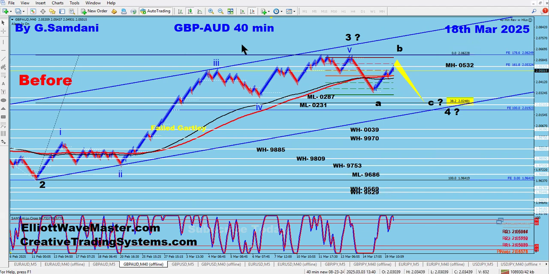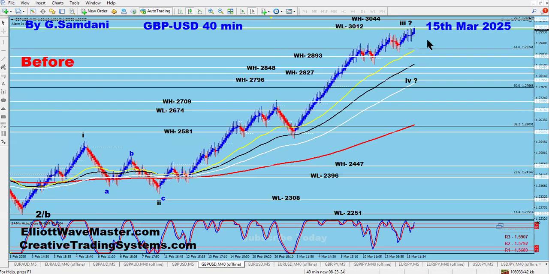So this is Euro Aussie, Pound Aussie, Pound Yen, Euro Yen, USD Yen, Gold, and these are the good possibilities for tonight. Another one, I'm expecting that USD bounce because Euro USD and Pound USD, right? They are all the way to the upside. See that 40-minute? This is how bad it is.